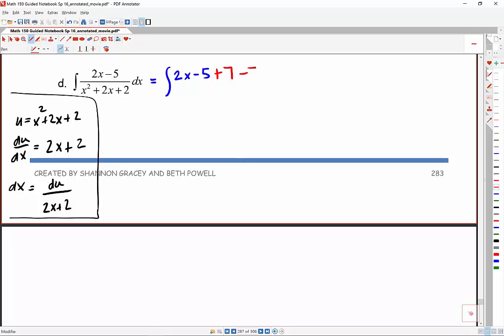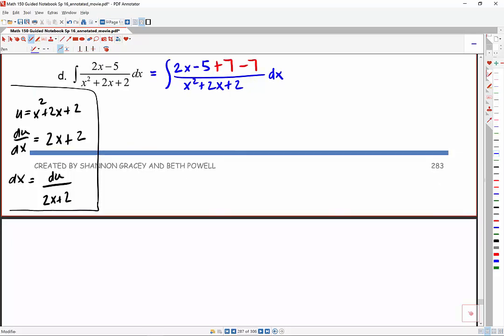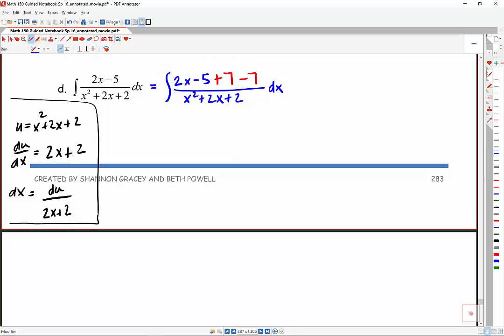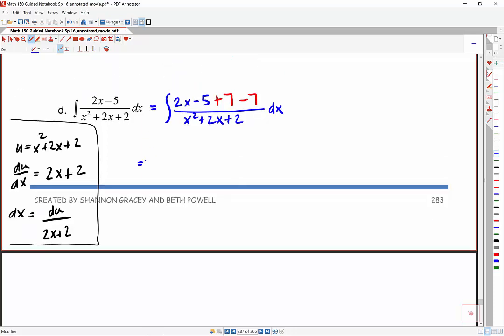You've got to also subtract 7, so you're effectively adding 0. And that'll be all over x squared plus 2x plus 2 with respect to x. Now you're probably thinking, you're crazy, that's not really going to work. But check this out. We'll get the integral of 2x plus 2 if I look at the negative 5 plus 7, minus 7, all over x squared plus 2x plus 2 with respect to x.